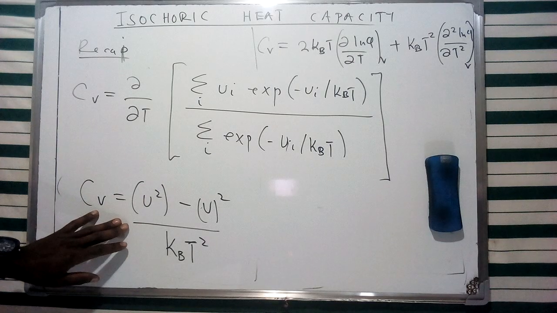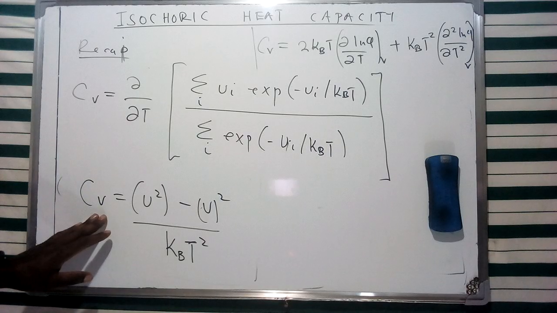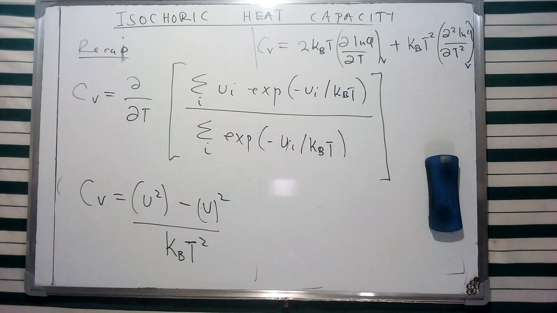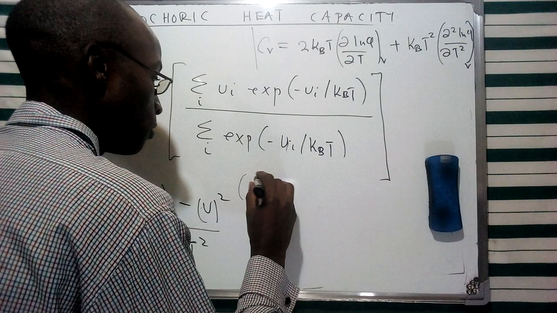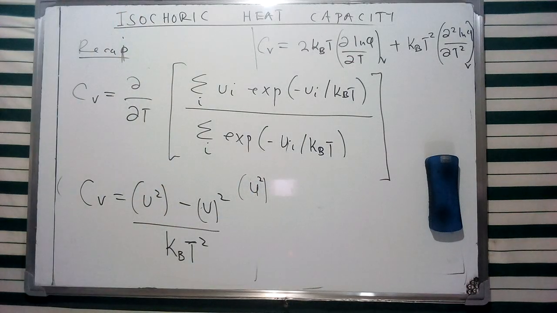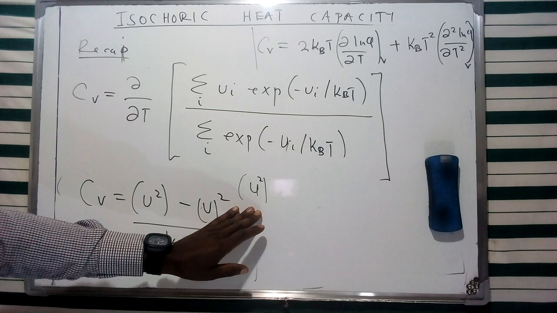That gives us a different derivation of the isochoric heat capacity. In this case, we have this one given in terms of a square, and that represents the mean squared internal energy.